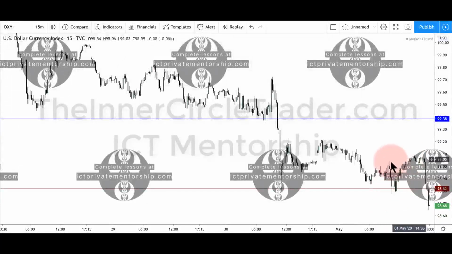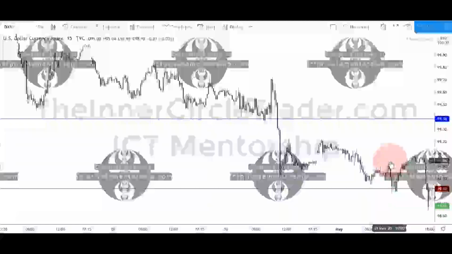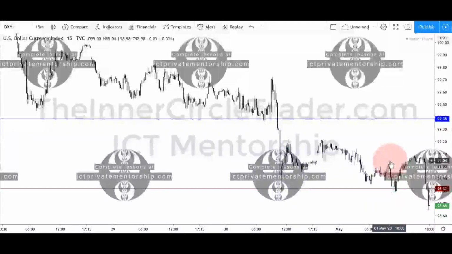So when it runs above this short-term high, you may be stopped out if this was a pair that you were trading, but it's the dollar index, so it's our barometer for directional bias. These relative equal highs, if they run above that, then your assumption should be, okay, it's going back above there to get more buy stops or buyers willing to buy at a higher price that we as smart money analysts can use for liquidity to counterparty with a short position.